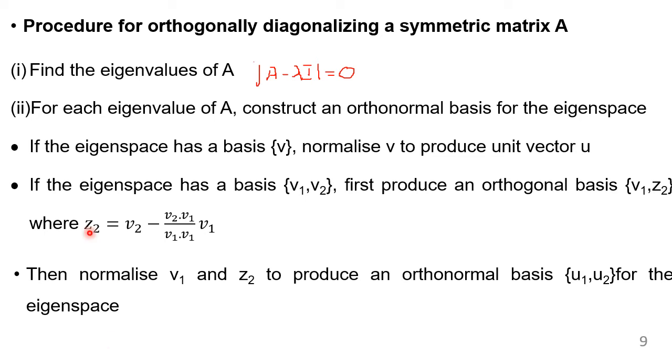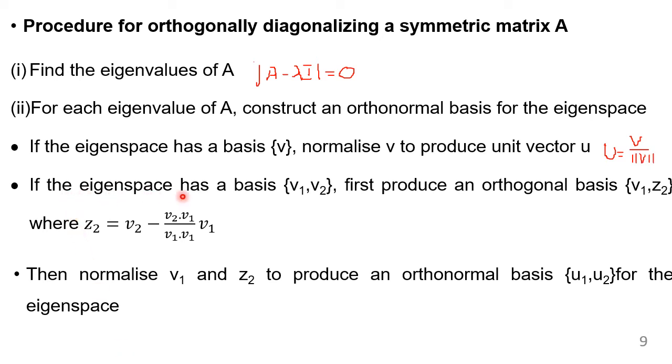Once we get the eigenvalues, we need to construct the orthonormal basis for the eigenspace. If the eigenspace has a basis where only one vector is involved, we need to normalize this V to produce the unit vector U. This can be done by using the formula U equal to V divided by the length of V.